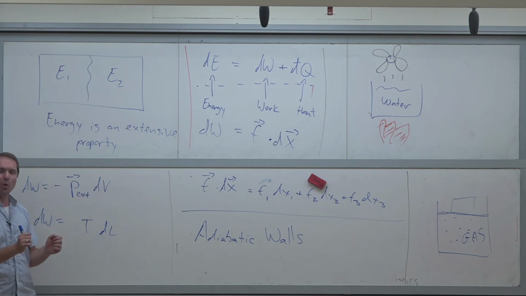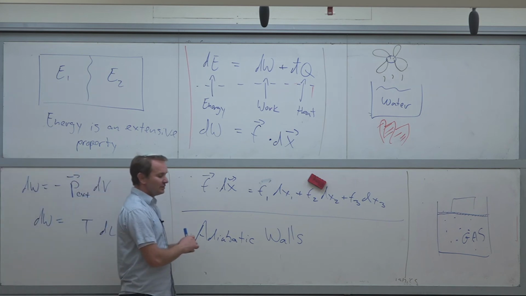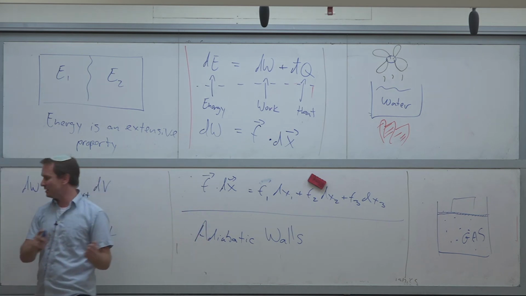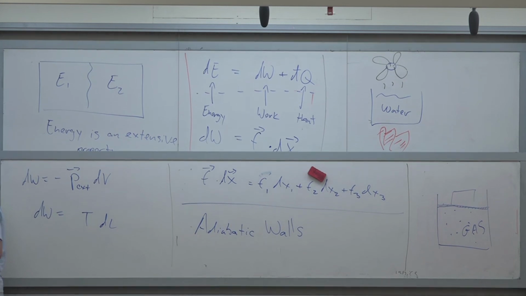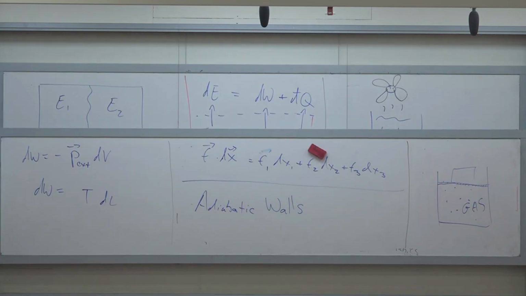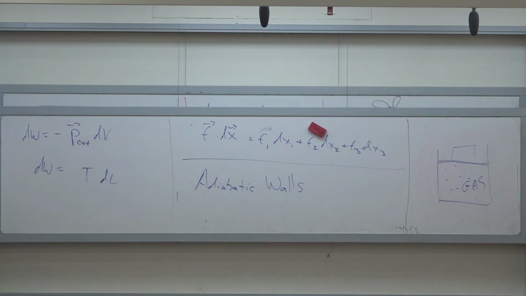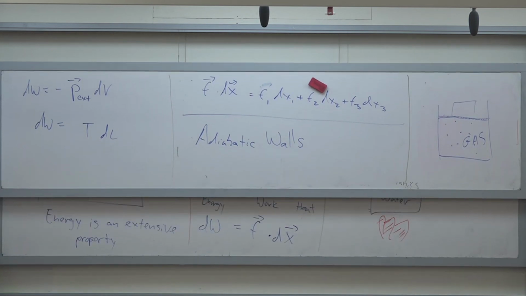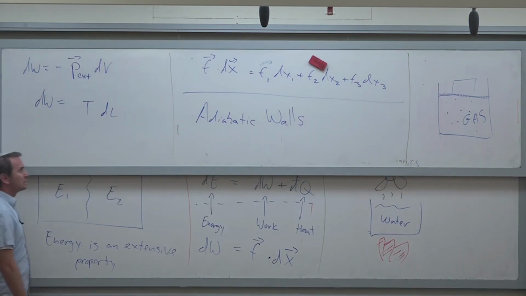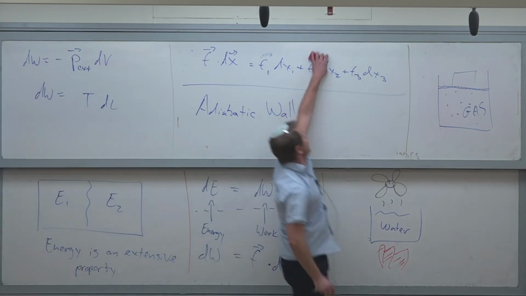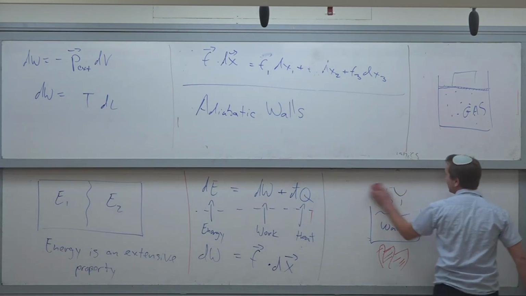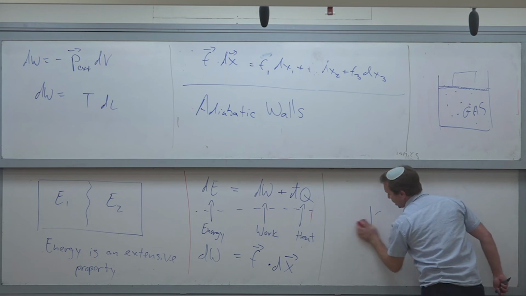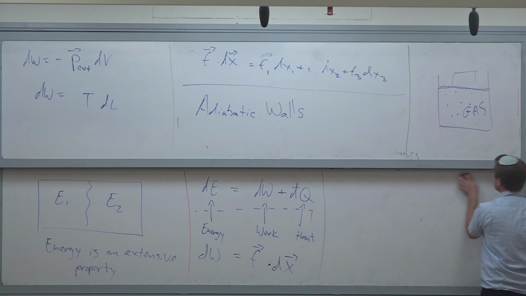I change one of those variables, and the system transfers from one state to another. And the question of thermodynamics is, how can I describe those different states? What are the properties of different states of the system?